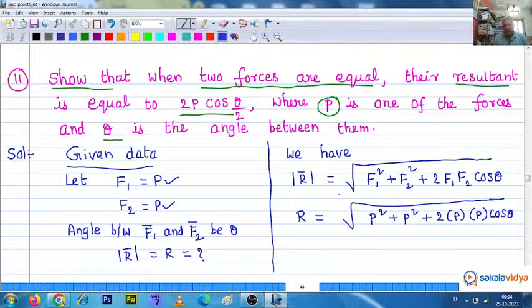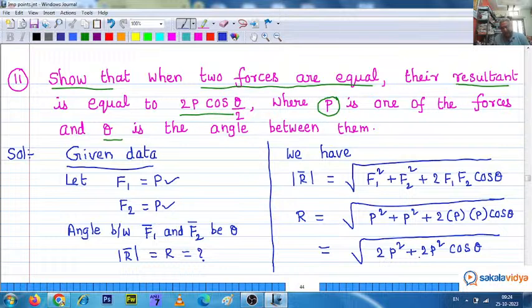This equals root over p square plus p square is 2p square, plus 2p into p, 2p square, and cos theta. It is very clear: the first term is 2p square, and in the second term also 2p square is one of the factors.